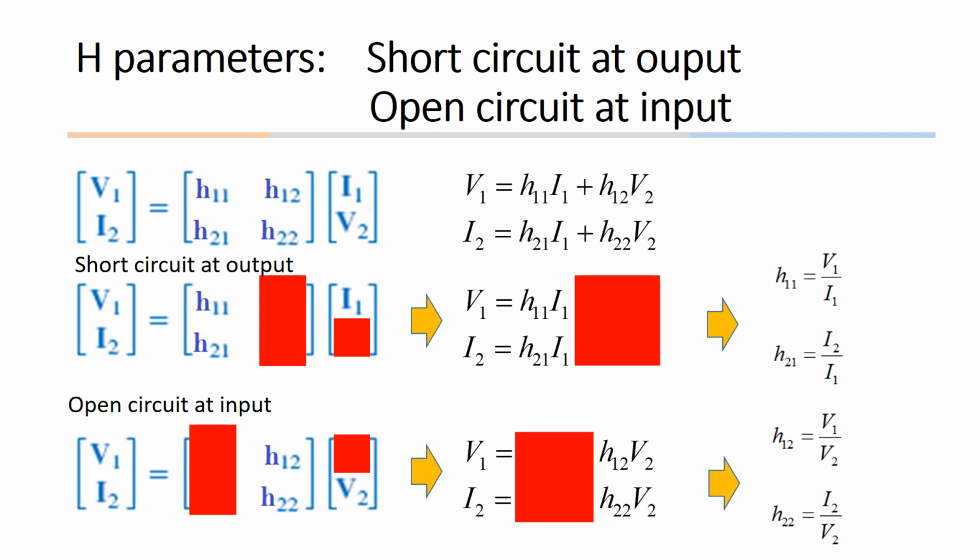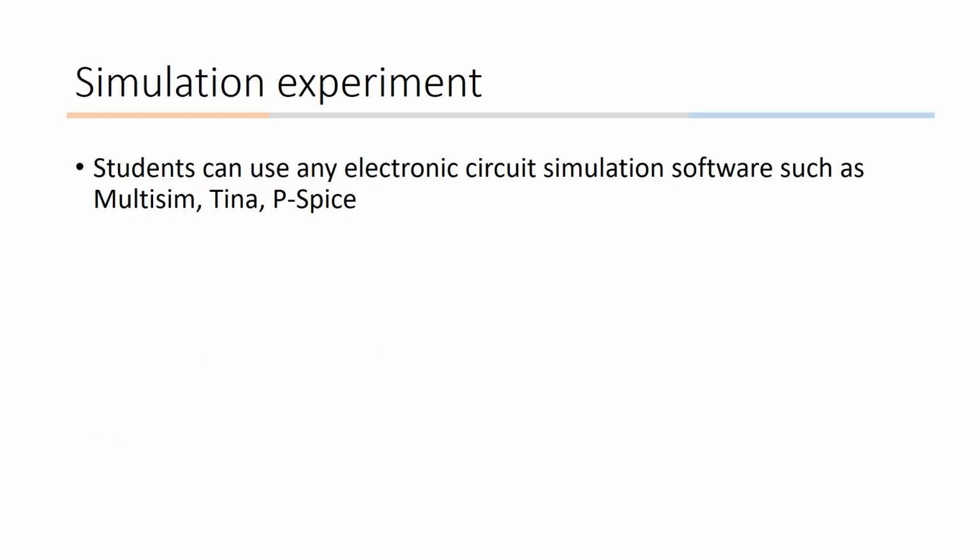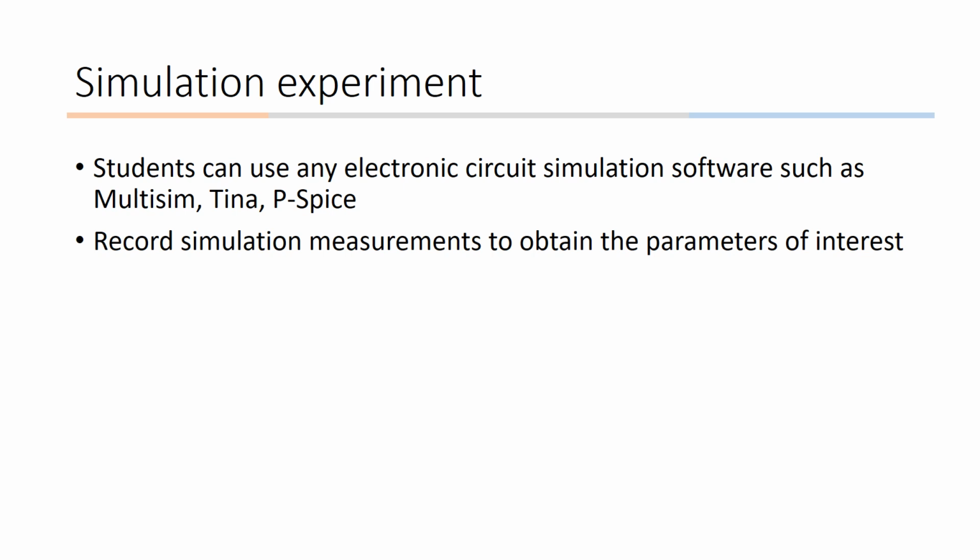For this experiment simulation, you can use any electronic circuit simulation software such as Multisim, Tina, PSpice, or whatever software that you are comfortable with. In the simulation, you need to record all your simulation measurements in the answer sheet template in order to calculate the parameters.